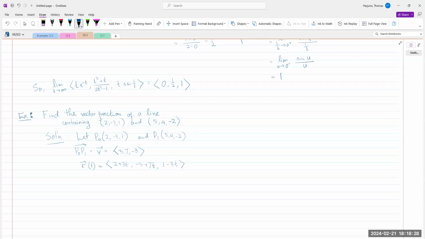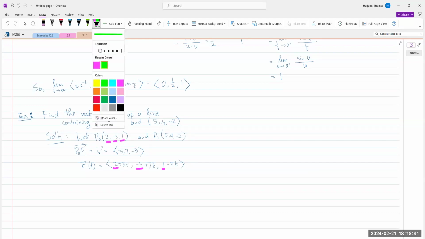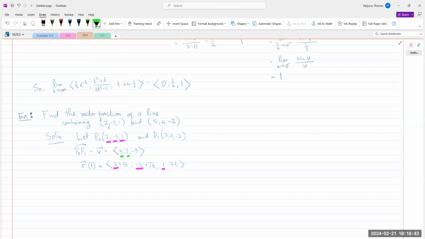I wonder if you remember that, where the (2, -3, 1) is my initial point, and my (3, 7, -3) are direction vectors. Okay, so the idea of vector function is something we already learned back in 12.5.